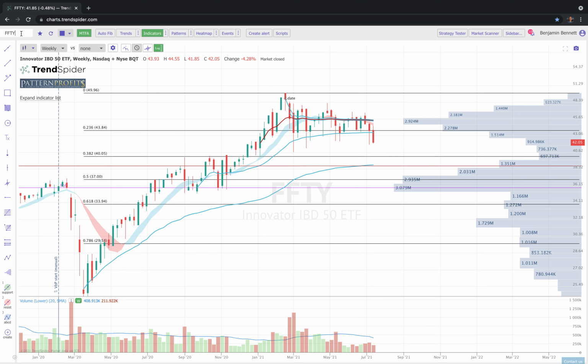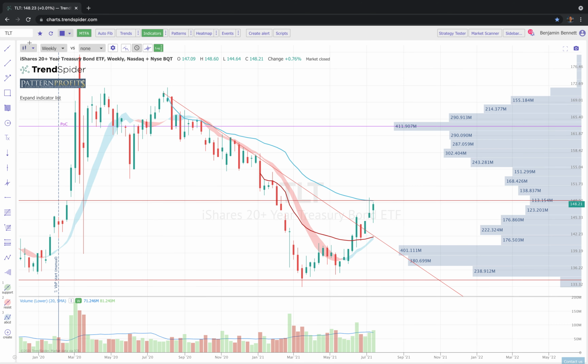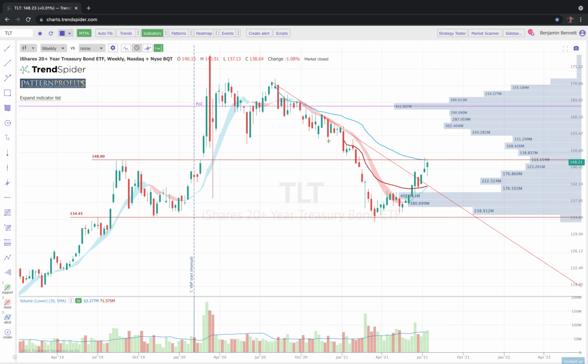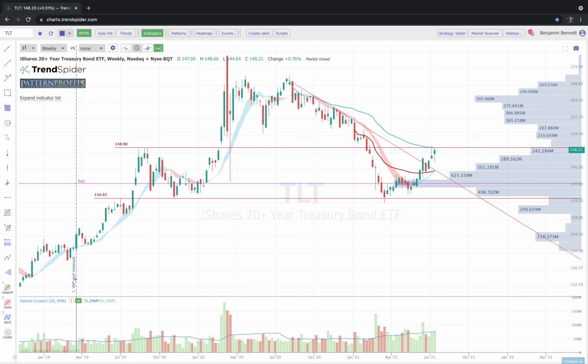I think another thing that's important to keep an eye on this coming week is TLT. Thinking in terms of symmetry here, we saw tech rally along with this climb in bonds. That's when yields really came off and tech was able to rally. Now looking at the symmetry of this kind of head and shoulders pattern, left shoulder here, head here, there's potential to put in a right shoulder on this side and have that roll over.